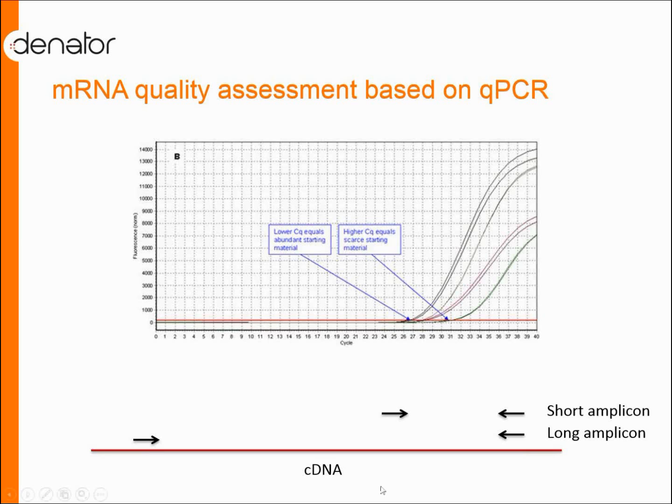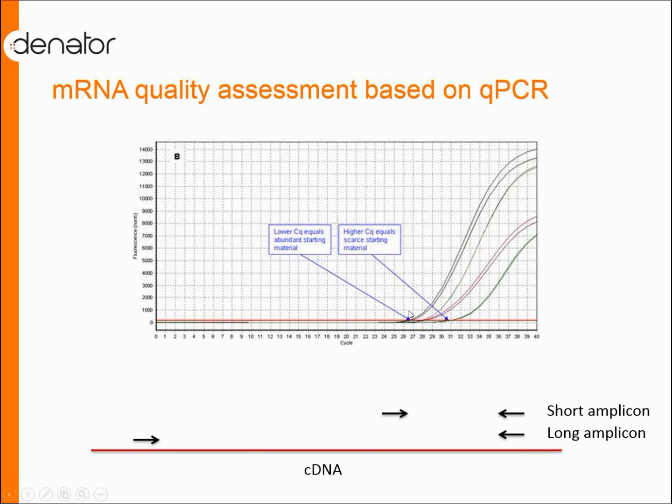And they do this by first converting the mRNA into cDNA, and then they use 2 amplicons, so 2 primer pairs, to amplify first a short stretch and an overlapping long stretch. And the idea is that if you have degradation, you're likely to have more copies of the short compared to the long.